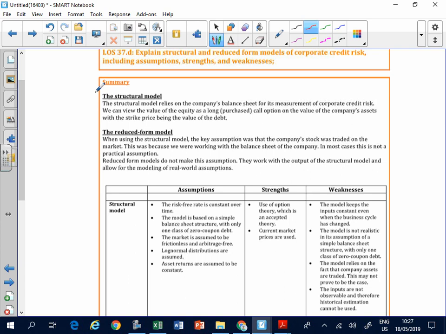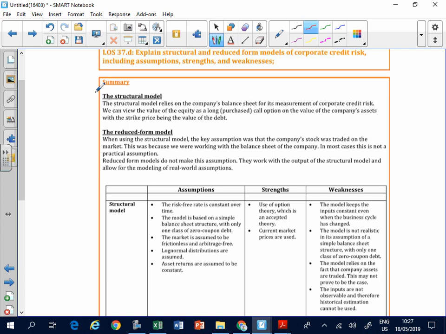I know exactly how the company is financed in terms of equity and how it is financed in terms of debt. I model the equity of a company as a call option on the firm's assets, where I consider the value of the firm's assets relative to the value of the liabilities that are due over a certain time period.